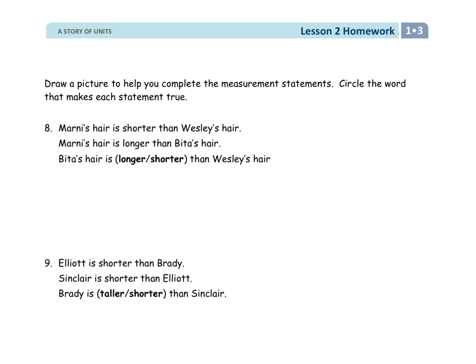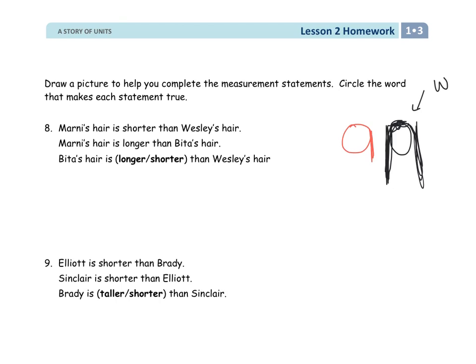So Marnie's hair is shorter than Wesley's hair. Here is Wesley, and I'm going to give this person some long hair. And I'm trying to make this straight so you can see my end point right there to measure. And then I know I have Marnie, and her hair is shorter.